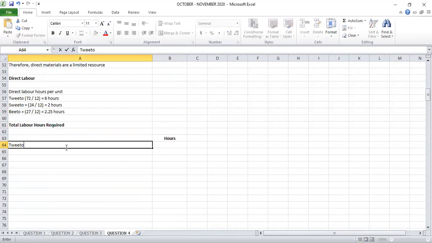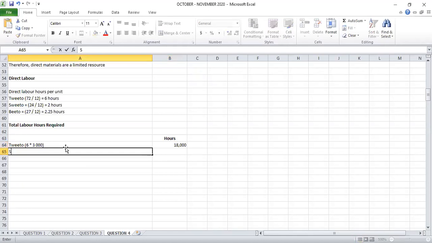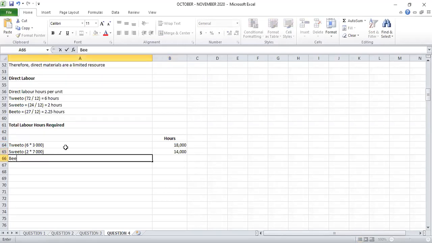Twito, we would say 6 multiplied by 3,000, 18,000. Sweeto, we would say 2 multiplied by 7,000. Bito, we would say 2.25.